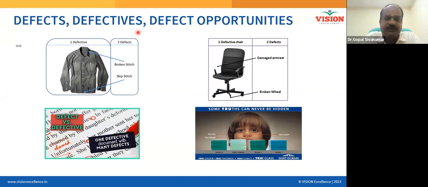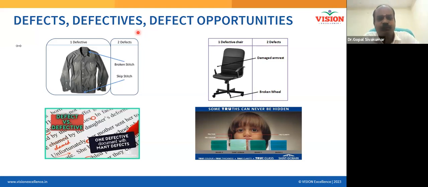Like morning breakfast. Idli was prepared and idli did not come up well. Now what will you decide to do? Will you remake the idli? No. You just scrap it. So that means it is now a defective item. You can't do anything about it, isn't it?